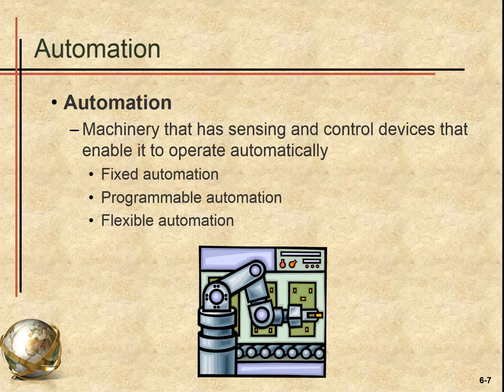As part of every factory, and this is even in service-oriented businesses like a supermarket, you might have some type of automation there. But definitely in a factory, you're going to have automation, and automation is exactly what you think it is: machines doing the work. And you have 3 levels of automation.